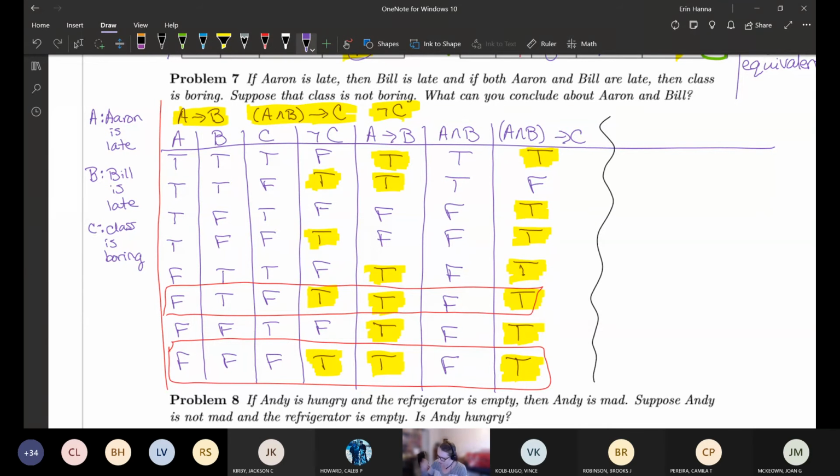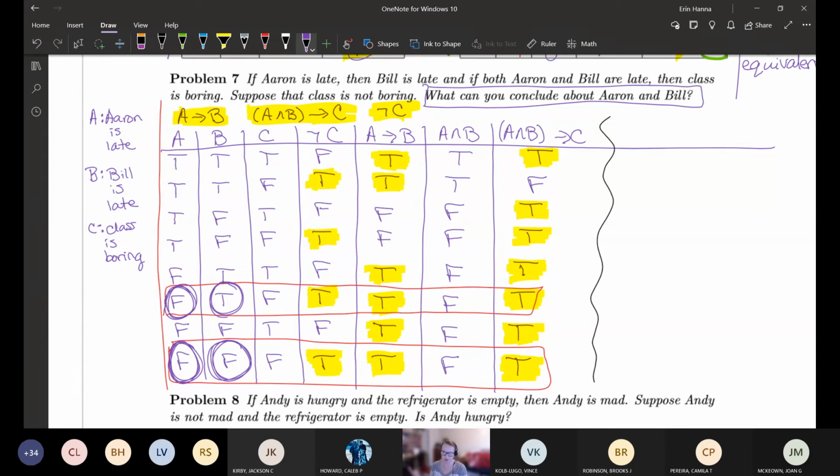So now we answer our question. Let me remind us what the question actually asks: what can we conclude about Aaron and Bill? In the one situation, Aaron is not late, but Bill is. In the second situation, Aaron is still not late, but Bill is also not late.